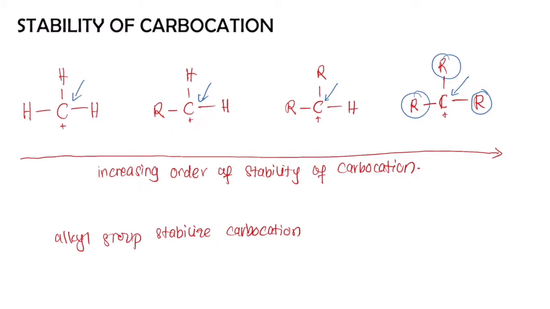Let's proceed with the second intermediate, which is carbanion. What is carbanion? It also consists of two words: anion, and carb, which refers to carbon.